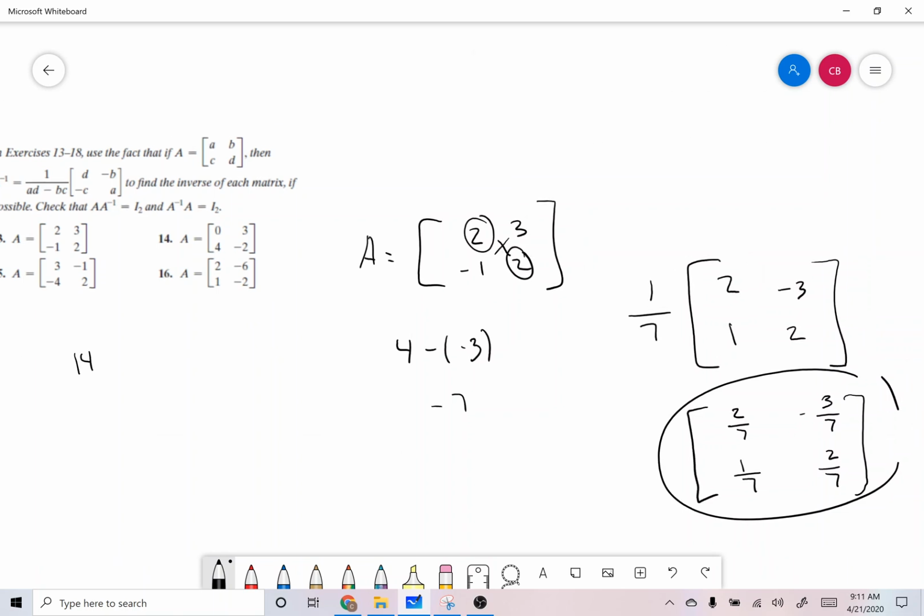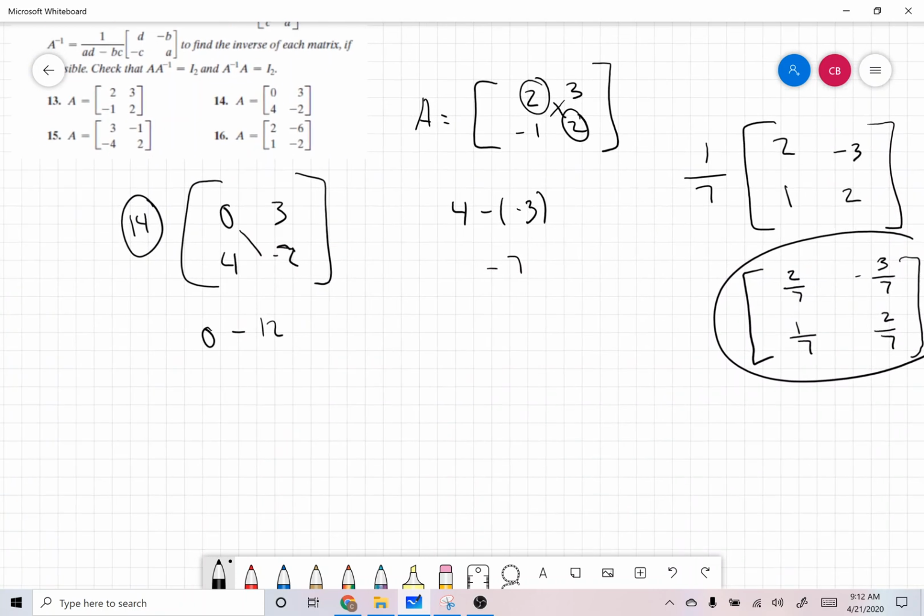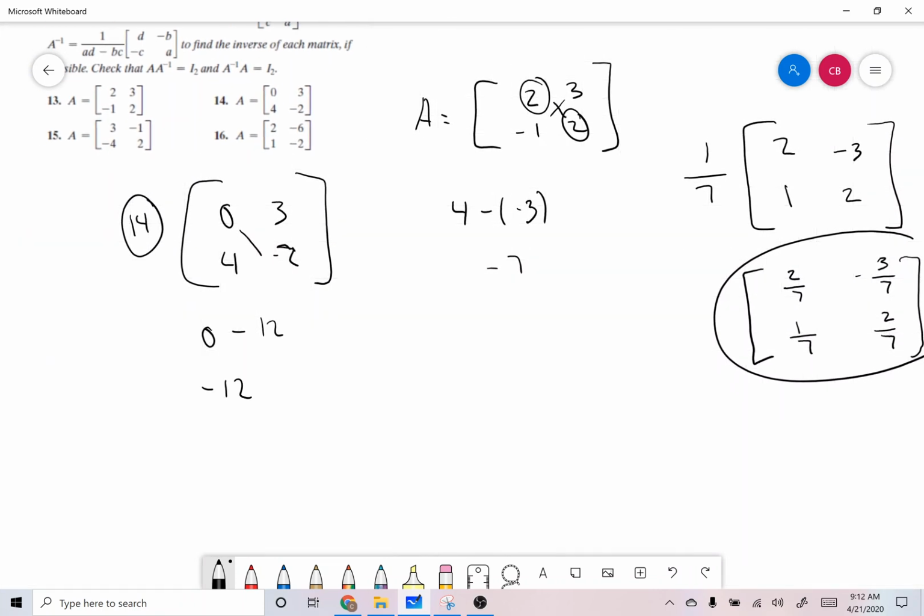Let's do 14 now. We've got 0, 3, 4, -2. Okay, so we want to find the determinant. That's going to be 0 times -2 is 0, minus 3 times 4 which is 12. So -12 is the determinant. So we have 1 over -12. And then we're going to switch this one and this one, so that's going to be -2 and 0. And then negate the other two, so change their sign: -3 and now -4.